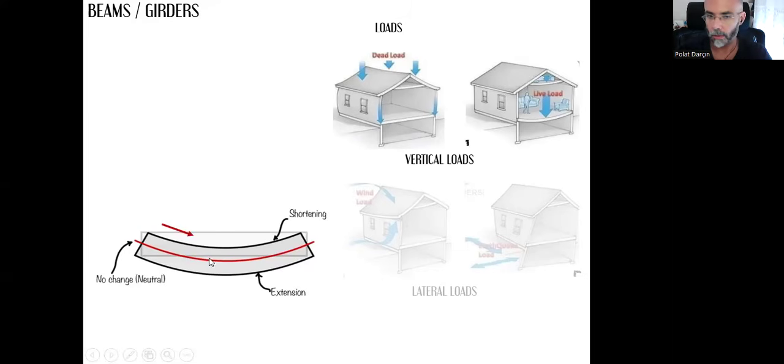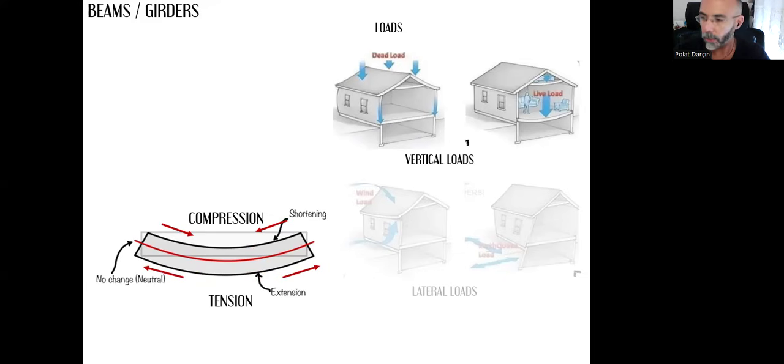Let's take a closer look. The upper part, the molecules will be compressed towards each other. The distance between each molecule will be shortened. That's where we see compression loads, compression stress. But in the lower side of the beam, there's something different. This time, the molecules are not compressed towards each other, they are separated. The distance is increased between each molecule.